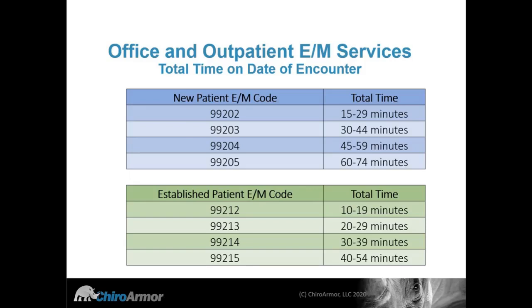And again, documenting your time, what you did and for what. The more you document, the better when it comes to documenting your time in your record, in your documentation. And we didn't say anything about 99211, and the reason being is that the use of this code does not require you to even be present in the room.